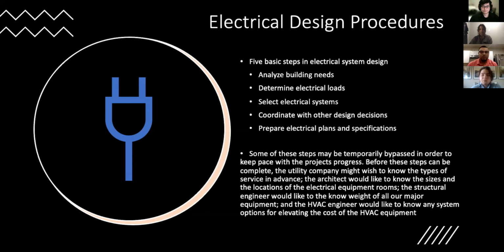Determine your electrical loads, whether you want it to be inductive or resistive. Select your electrical systems. Most homes have a 3-wire system. Coordinate with other design decisions and prepare electrical plans and specifications. And some of these steps might be bypassed just to keep the project on course.